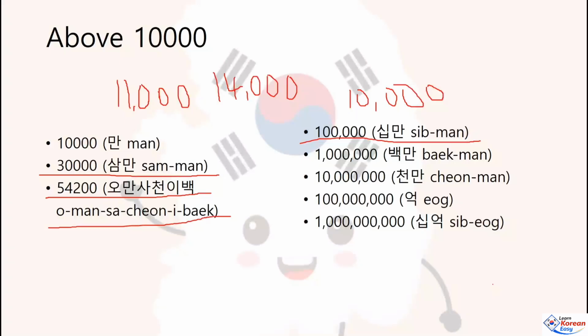So now it's 10만. Don't get confused. Okay? Now 10만 is 100,000. You'll be thinking 10만, so it's 10? Yeah, but that's 10,000, okay? So 1만 is 10,000, 10만 is 100,000.